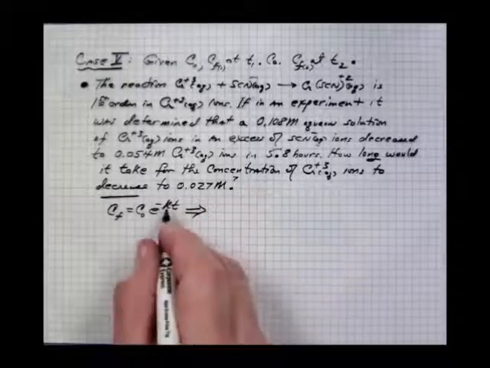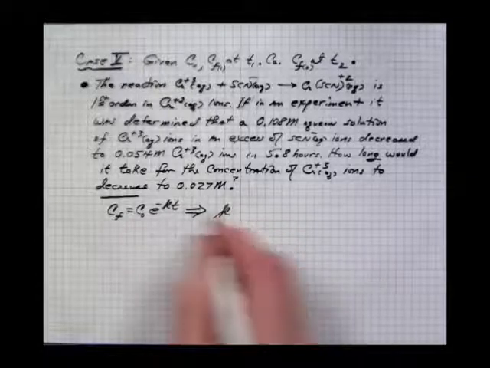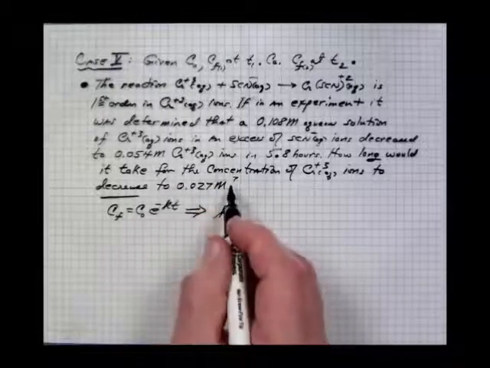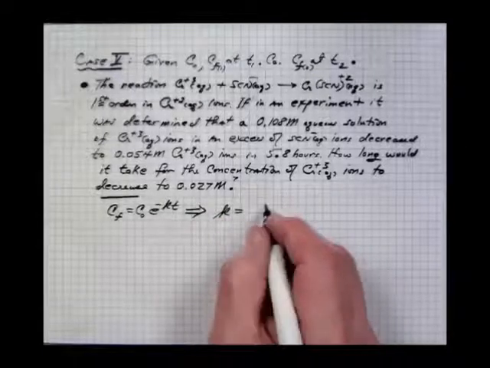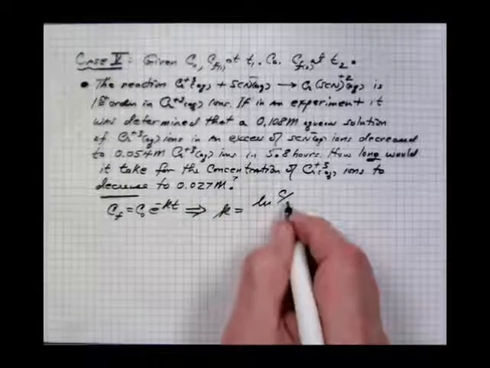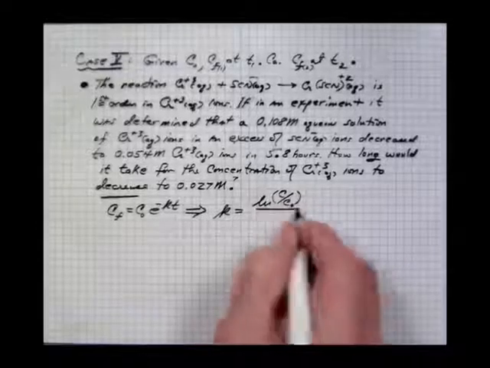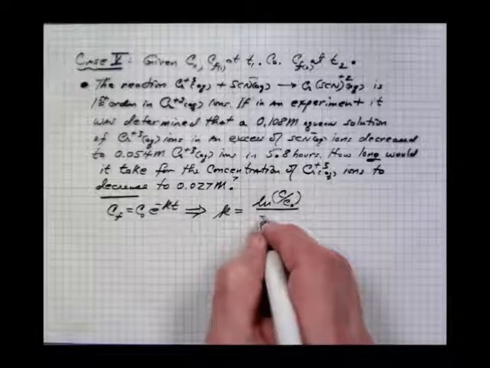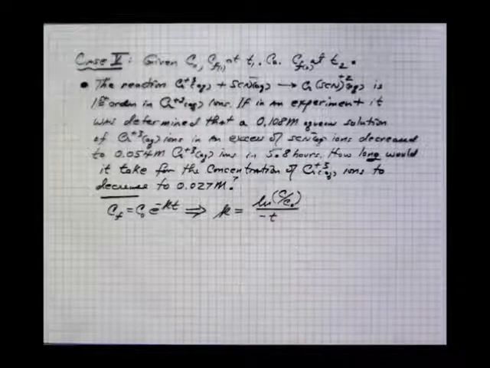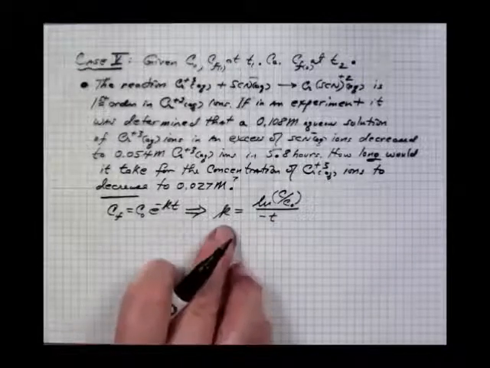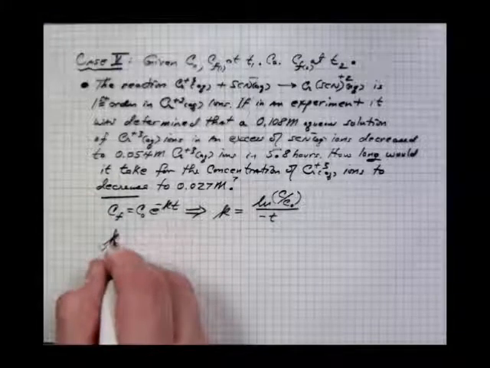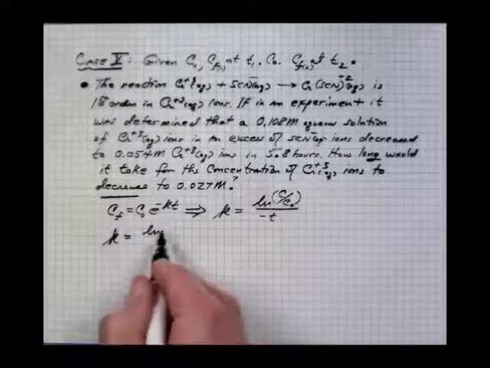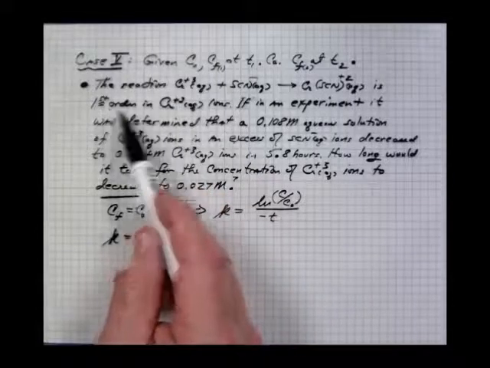We need to calculate K in this problem and then apply it to the second concentration, and K is ln of C final over C sub 0, over a minus time.